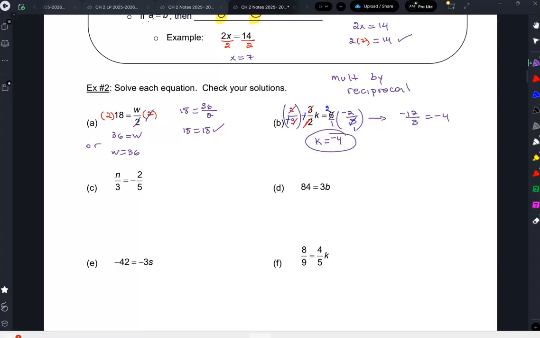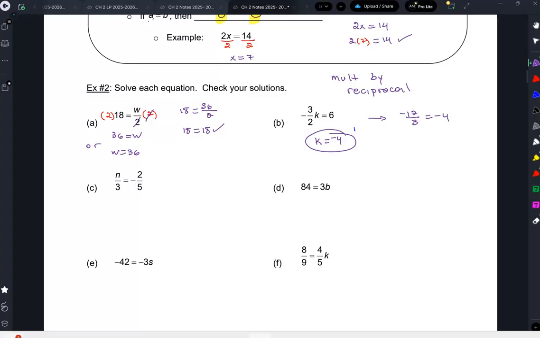But how do you just get 2 over -3? Okay, so this was here. What's happening to k here? Here's another way to look at it. It's k times -3/2, right? So if k is being multiplied by a number, what should I do to get rid of it? Divide.